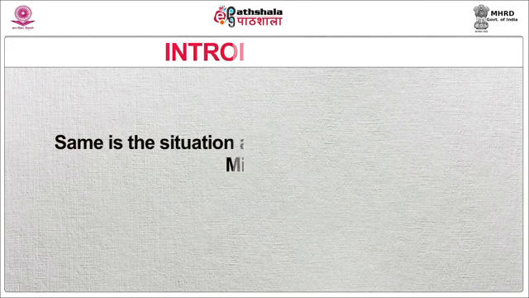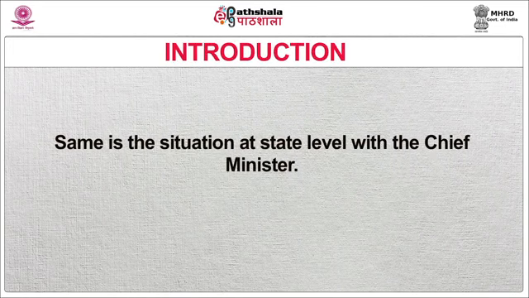The Prime Minister takes strong decisions over certain possible policies if the majority of the members are with him. The same is the situation at state level with the Chief Minister. The advisory role is played by the cabinet and cabinet committees, whereas the final decisions are taken by the Chief Minister.